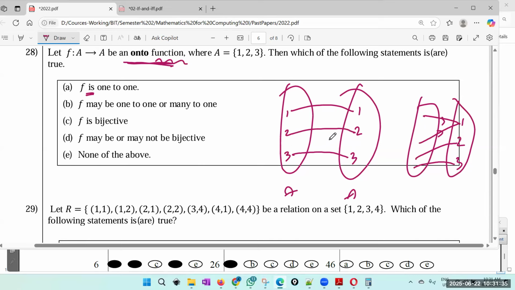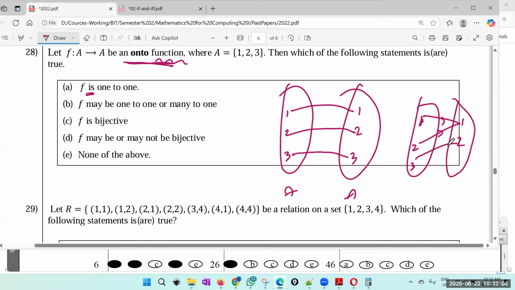Let's double check. Can we have the possibility of many to one? Something like this: 1 is mapped to 1, 2 is also mapped to 1, and 3 is mapped to 2.